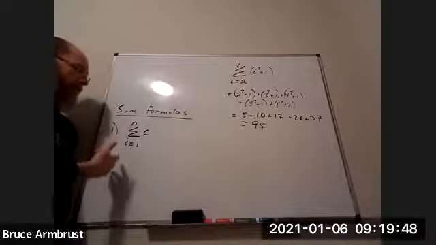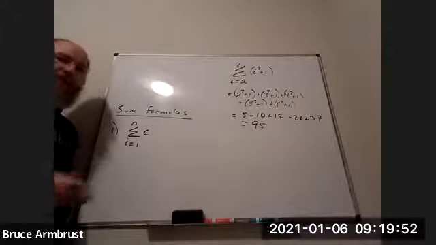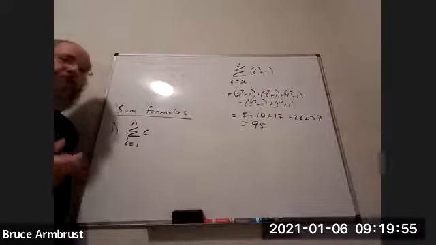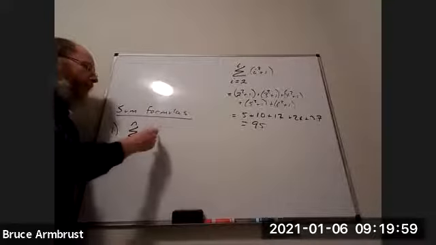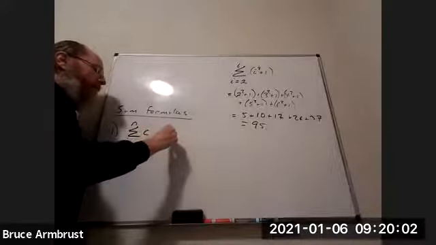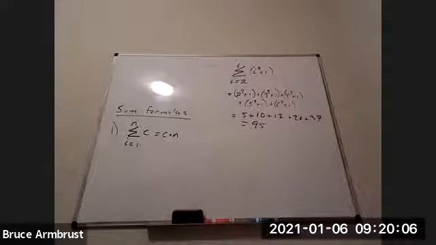Basically what this is saying is we're taking C and adding to it C plus C plus C plus C plus C until we've done it all these times. And it turns out that what we get is just C times N, because repeated addition is the same as multiplication.